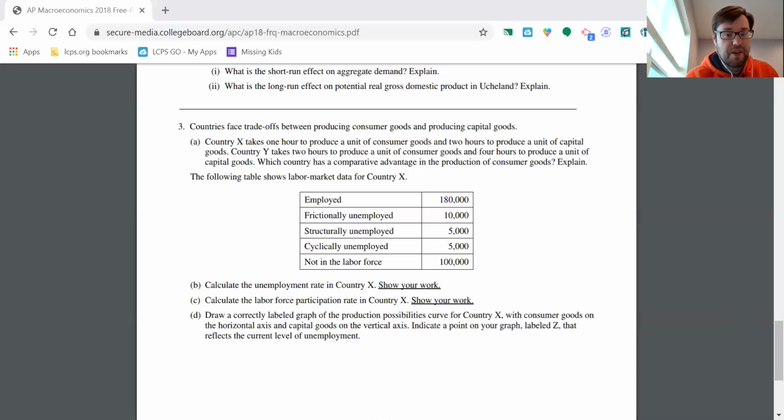So this is a little bit of a trick question. You're really going to have to know how to calculate opportunity cost, and not doubt yourself that, oh, I got the same answer. So the answer to this question is that neither country has a comparative advantage.